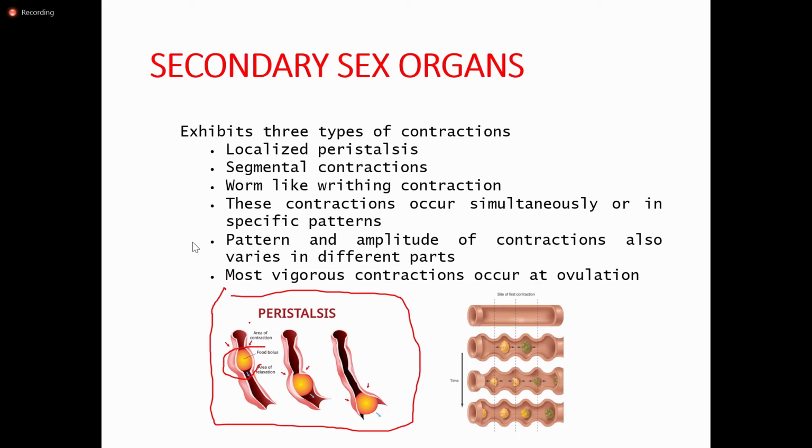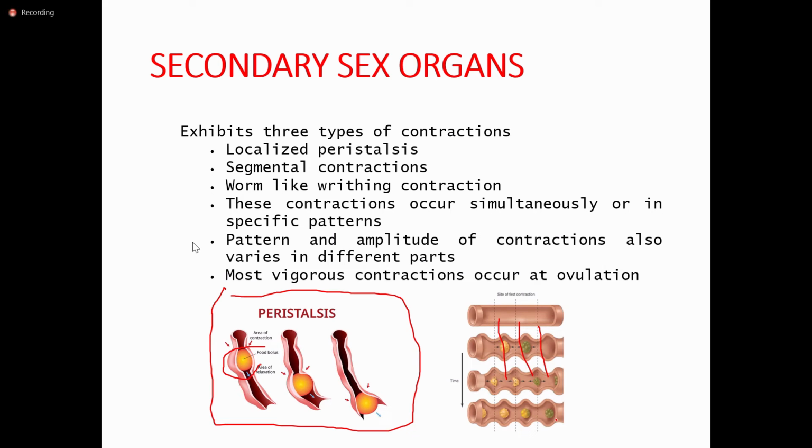Peristalsis is contraction or wave-like contraction of the smooth muscle. Then we have also the segmental, nasa segment or per segment siya nagko-contract. And we have the riffling contraction or parang uod na yan. Kapag nagsabay-sabay sila or simultaneously we have the localized peristalsis, the segmentation, and the riffling contraction, yan na mangyayari yung movement.